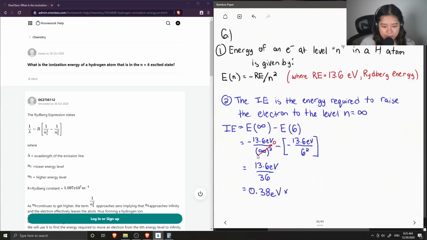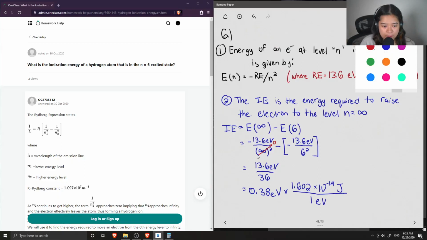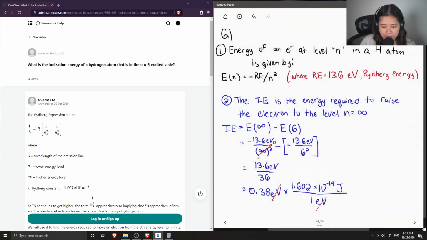So the conversion factor is 1.602 times 10 to the power of negative 19 joules in 1 eV. So this cancels out our eV, and we're left with our answer in joules, which is 6.052 times 10 to the negative 20 joules.